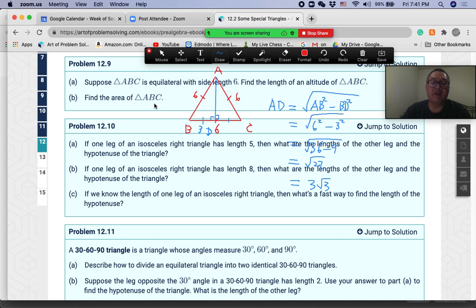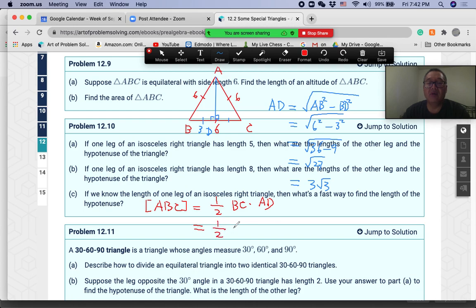Then they ask you to find the area of triangle ABC. After you get the altitude, the area is very easy to calculate. You just use 1/2 times base times altitude. Then you can get the area.